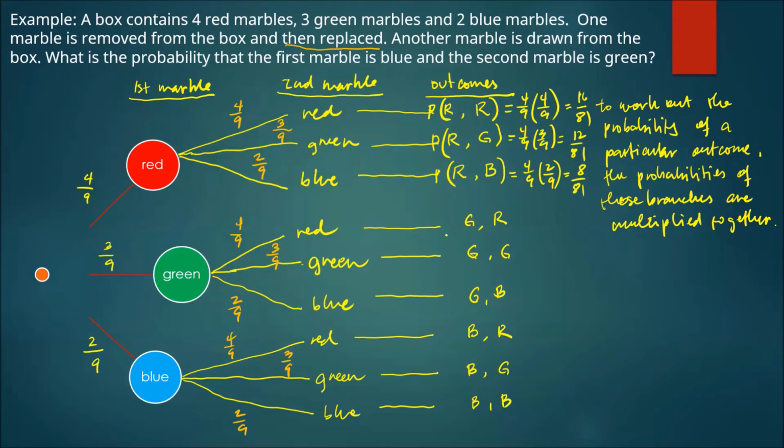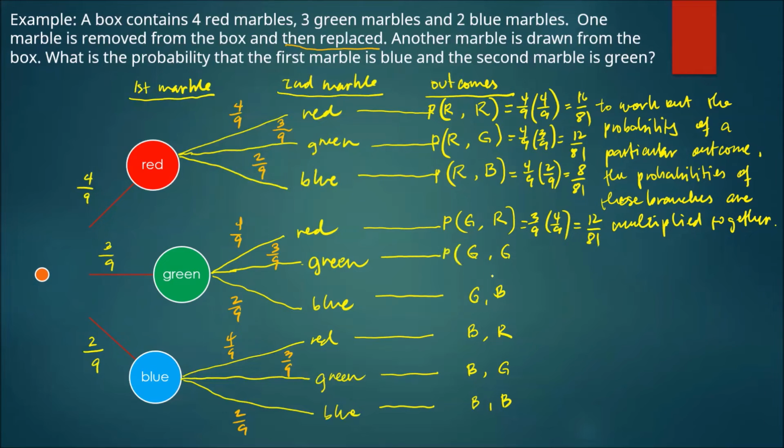Okay, and the probability that the first marble is green and the second marble is red would be 3 by 9 times 4 by 9, or that would be 12 by 81.